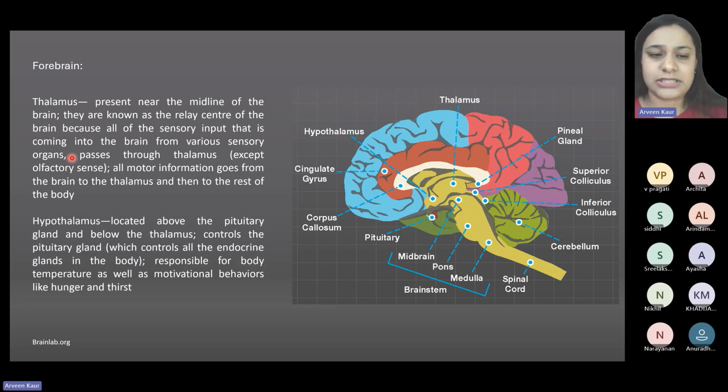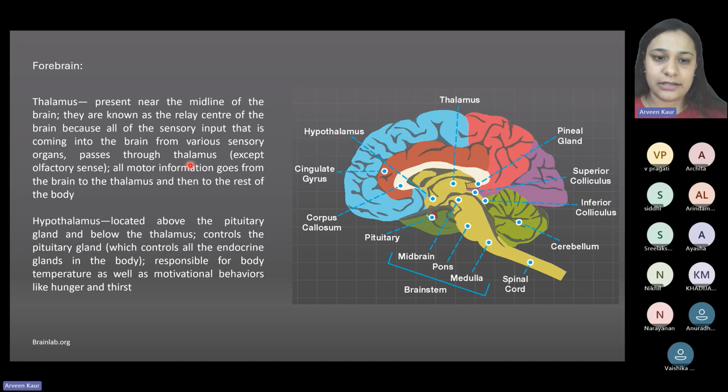Then comes hypothalamus. That is located just below the thalamus and above the pituitary glands, right? So this is hypothalamus. This is thalamus. Between the thalamus and pituitary, it is located. And what it does is it basically controls the pituitary glands, right? So there are hormones that are secreted by hypothalamus that are going to regulate the hormones that are going to be secreted by the pituitary glands, right?